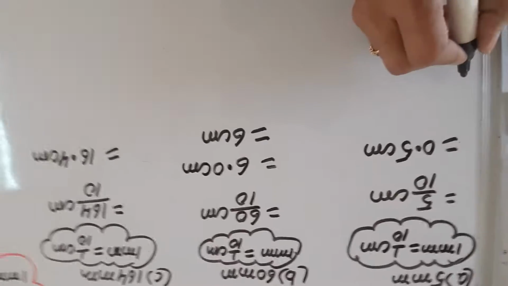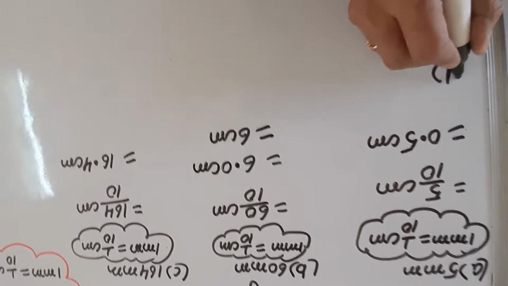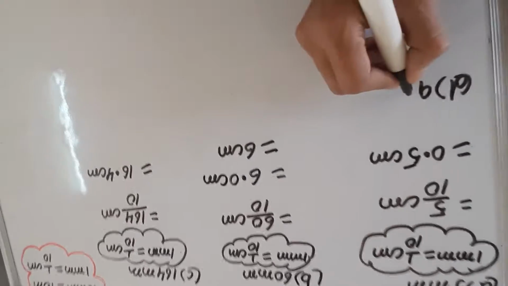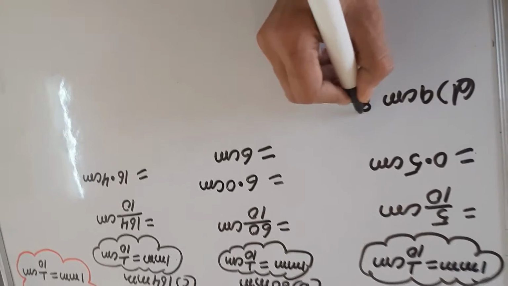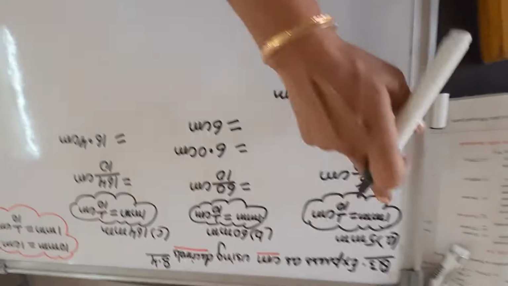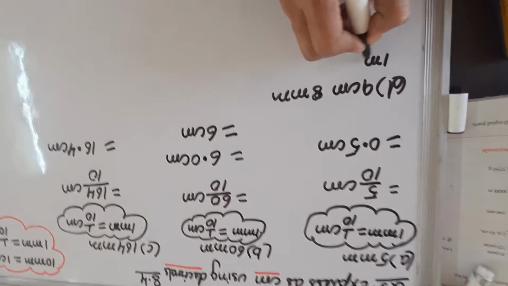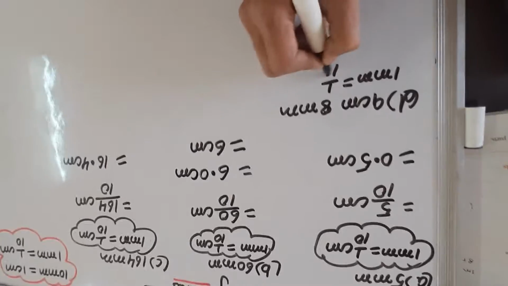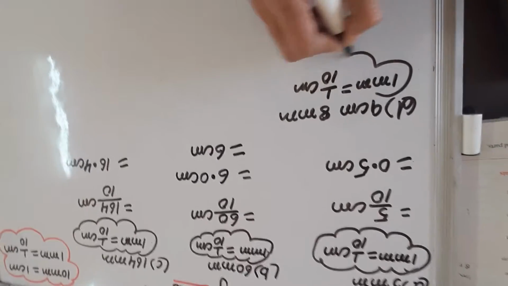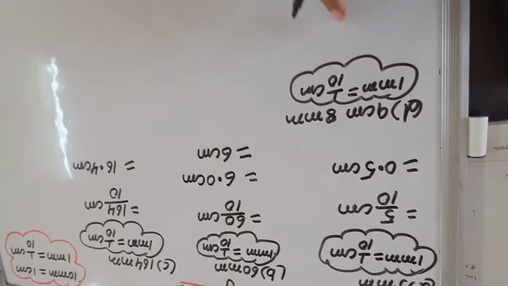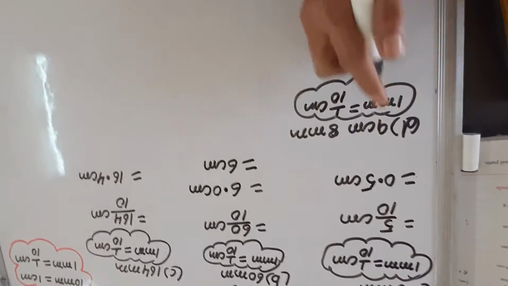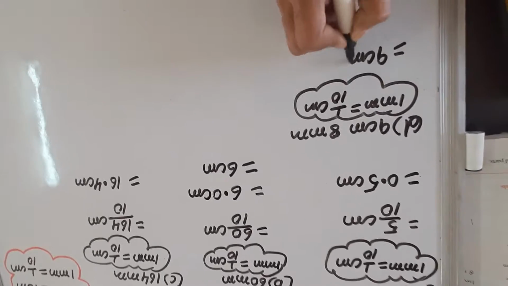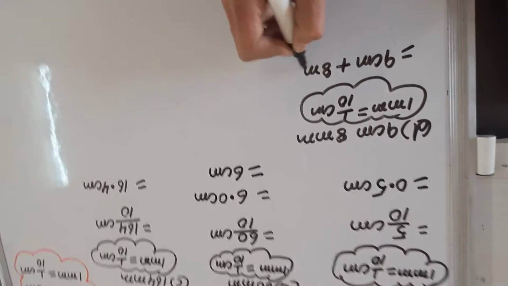Similarly, dear students, you can do D part. D part is 9 centimeter and 8 millimeter. So before doing the question, as I told you, write down the conversion. 1 millimeter is equal to 1 by 10 centimeter, right? Then first of all, let us write in sum form like this.